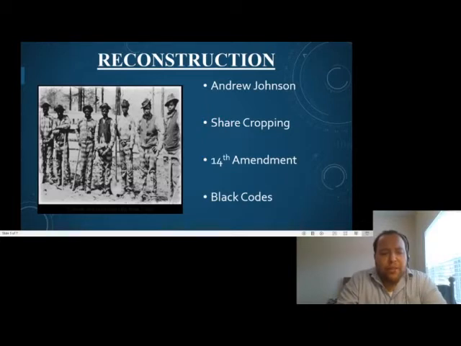So, when I said that slavery ended, but it didn't really end, what I'm referring to is the economic model of sharecropping. You may or may not have heard about this before. So, in the South, the primary economic institution is the plantation system.